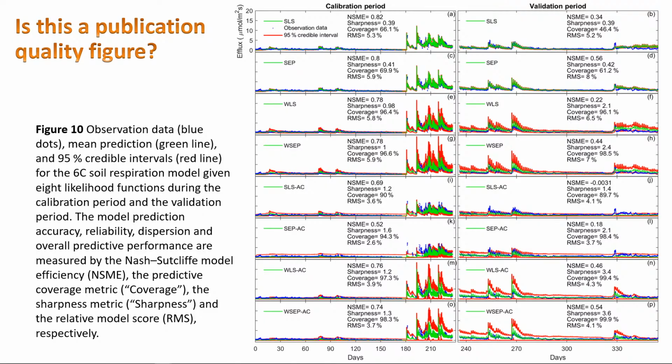These green lines are my model simulation. The blue dots are the observation data. And the red lines are my ensemble, the credible interval, the range of my prediction, because this model does not make a single prediction, it makes an ensemble of predictions, a group of predictions, yeah? And this group of predictions has a credible interval to account for uncertainty.